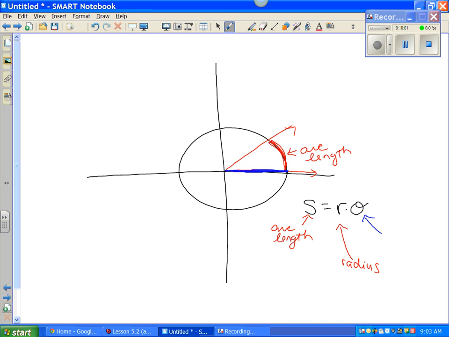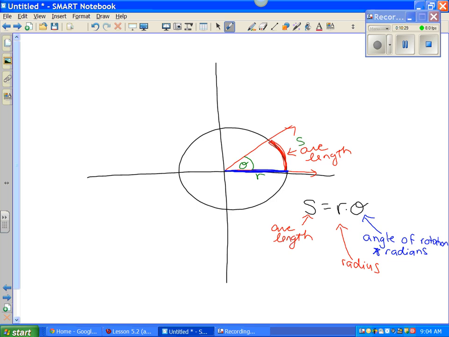The angle. Okay, so this is the angle of rotation. Now the key is, it has to be in radians. And if it's not, you can't do it. You can, you just have to convert it to radians. Okay, so that's this piece here. Theta is your angle of rotation, your radius, and your arc length.